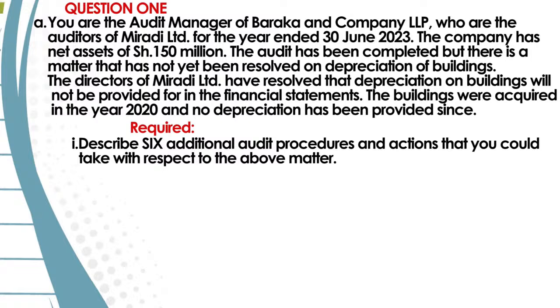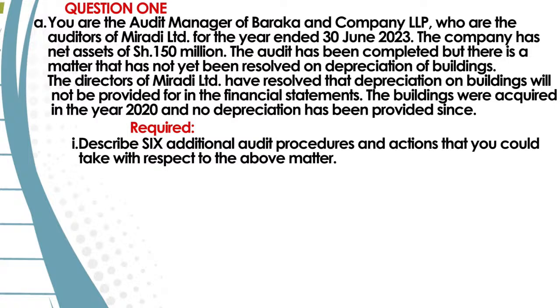So candidates, here is a problem with Miradi Limited. This is a company whose net assets are valued at 150 million. But on the item on depreciation, we learned that depreciation has not been provided for on buildings since the buildings were acquired in the year 2020.